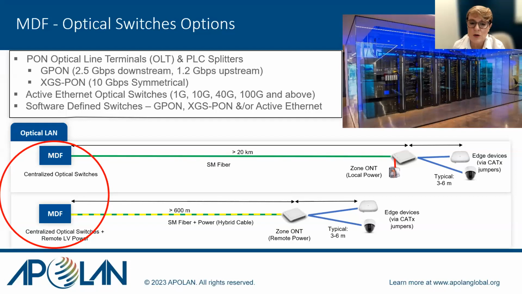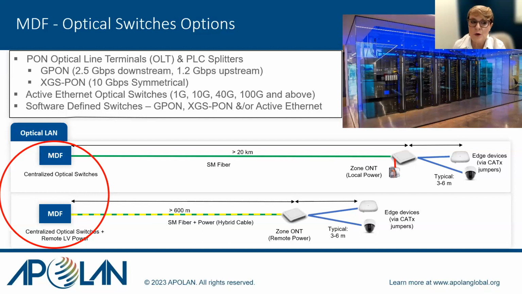If you're using PON, you need to use passive splitters that require no power. They're pretty much just passively splitting the light into, say, 1 to 32 or even 1 to 64 streams. So again, this really efficiently uses the way that you can cable your infrastructure over the single mode fiber.